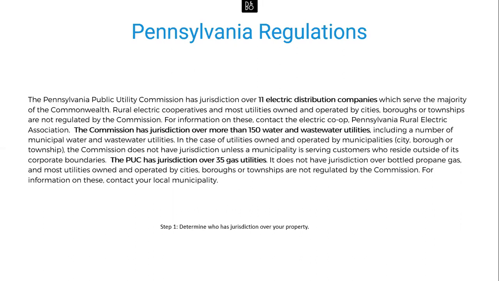So again, just to underscore this, it's important for you to find the regs and understand the regs as best you can before you start a program, or if you're currently starting a program, it's a great idea to review these maybe quarterly at least and make sure that you're still falling under those regulations. So step one is determine who has jurisdiction over your property.